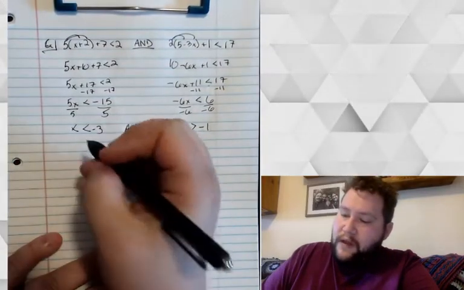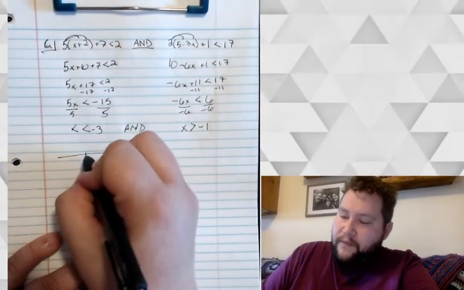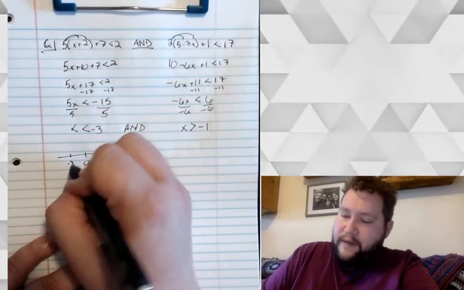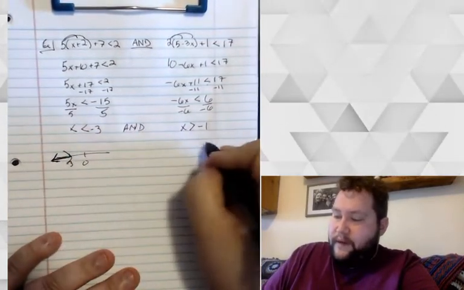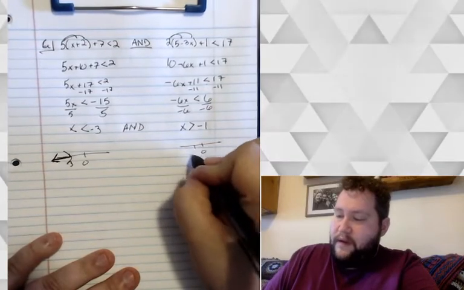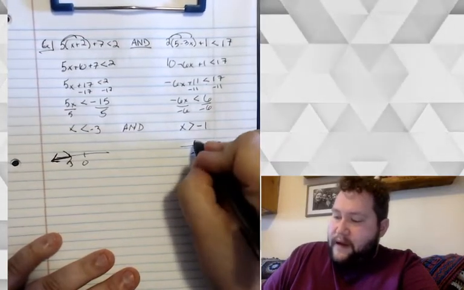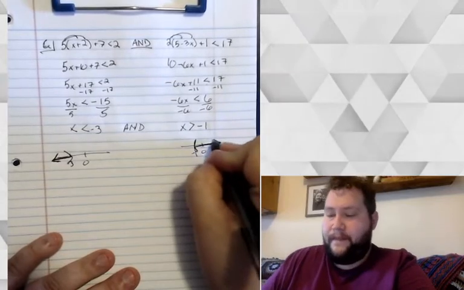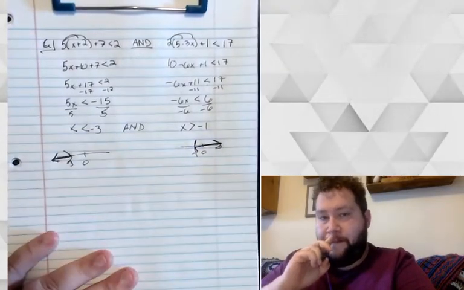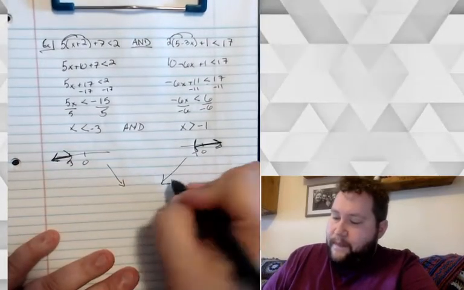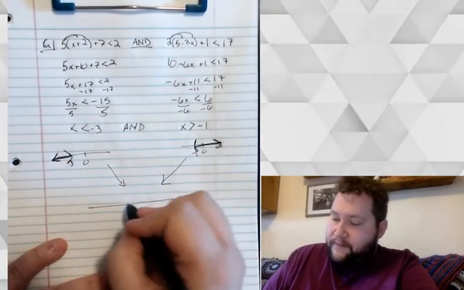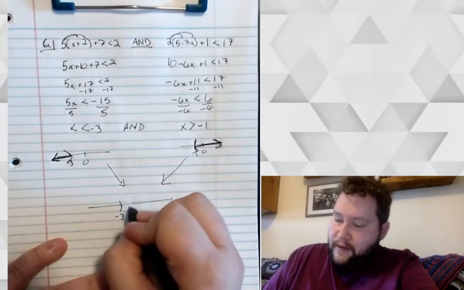So let's look at a number line. 0, negative 3, a parenthesis, and everything to the left. Or over here, we have 0, negative 1, a parenthesis, and everything bigger. If I draw these on the same number line, it looks like this. Negative 3, negative 1.